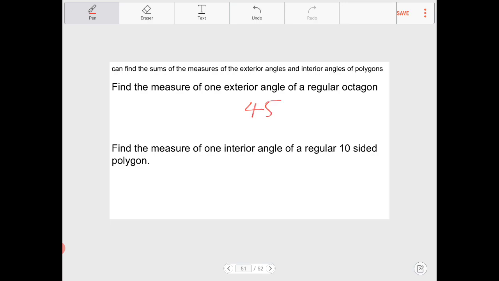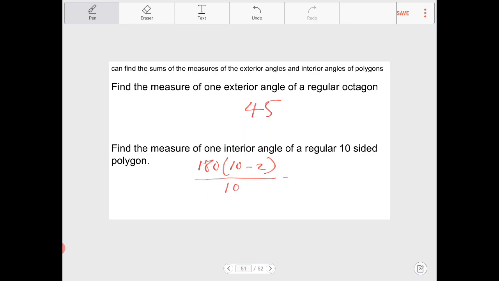And then for the second question, we've got to figure out the measure of one interior angle of a regular 10-sided polygon. Well, that's simple, right? That's just 180 times 10 minus 2. That gives us the sum of the interior angles. But since we're finding the measure of one interior angle, we're going to take this and divide by 10.